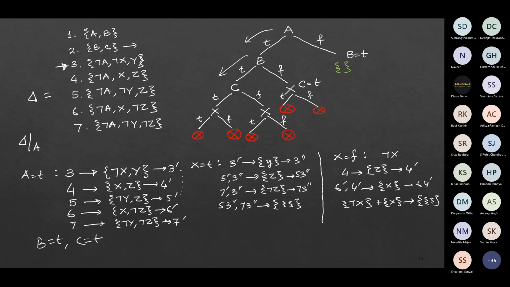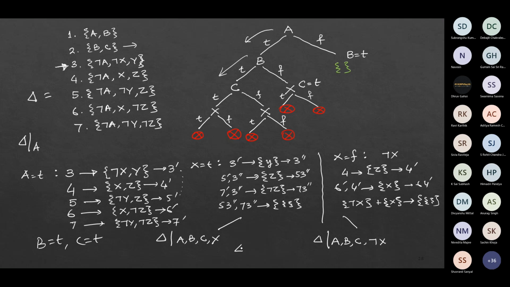So what we are doing in this path is delta over A, B, C, and X. And in this path, we are doing delta A, B, C, and negative X. So what does that mean?